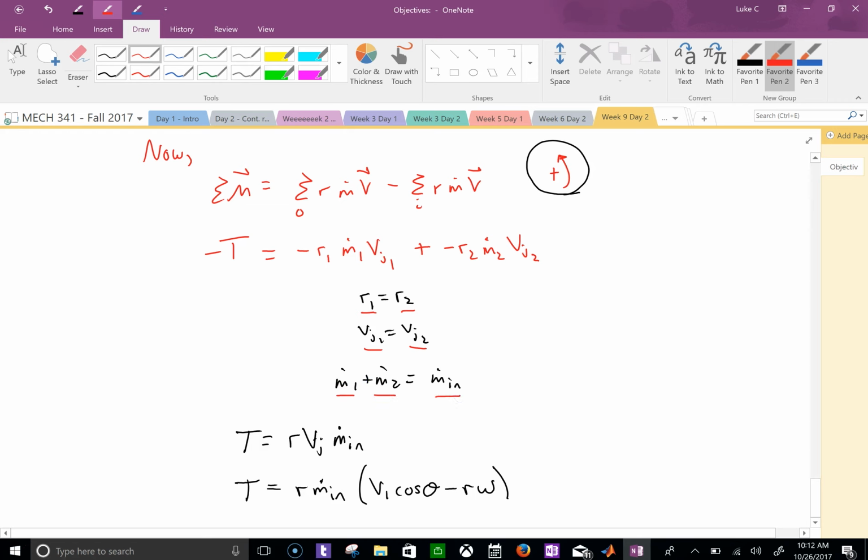So I just factored it out. There's t on this side. I know that R1 equals R2, so I can factor that out of the parenthesis. And I know that V jet 1 and V jet 2 are the same, so I just call those V jet. So then you have m dot 1 plus m dot 2, and that's m dot n.